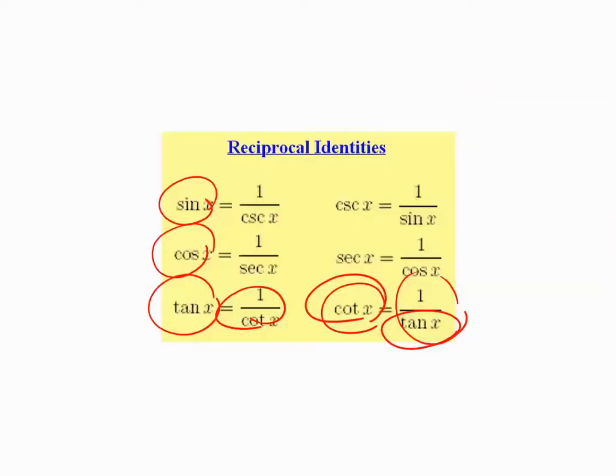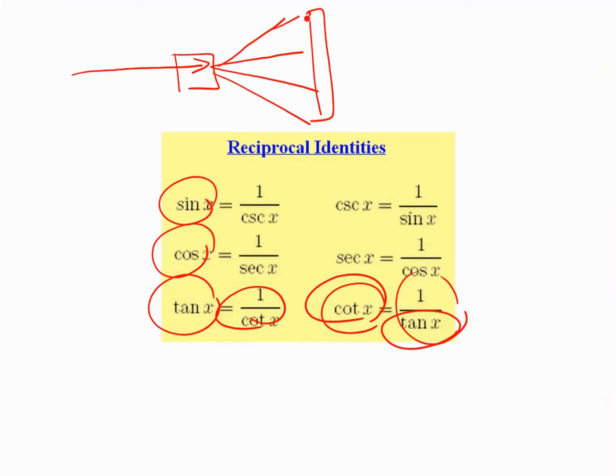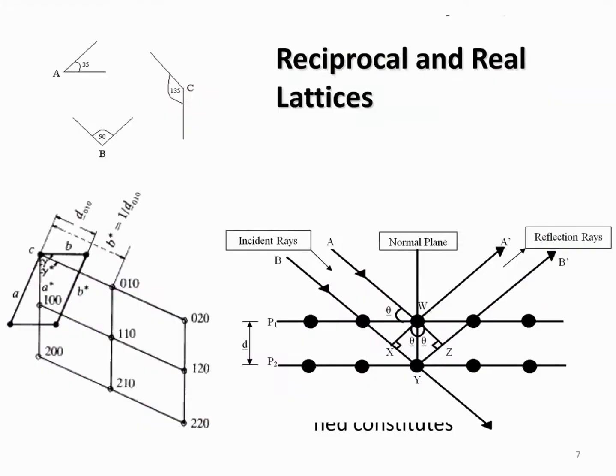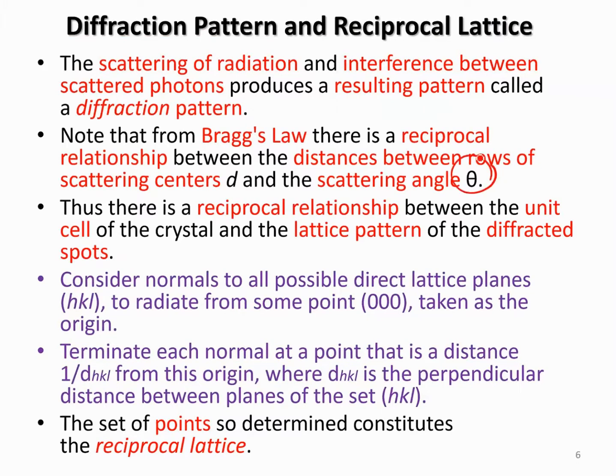I have the crystal, and I use the X-ray to hit the crystal, then it diffracts. So this spot is here, this spot is here, this spot is here. So you get 4 spots, and the positions of these spots depend on theta. Therefore, theta is related to the reciprocal lattice because the diffraction spot is related to the reciprocal lattice, whereas d is related to the real lattice.